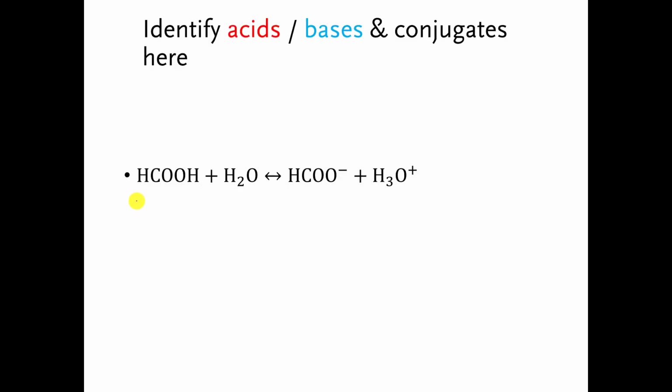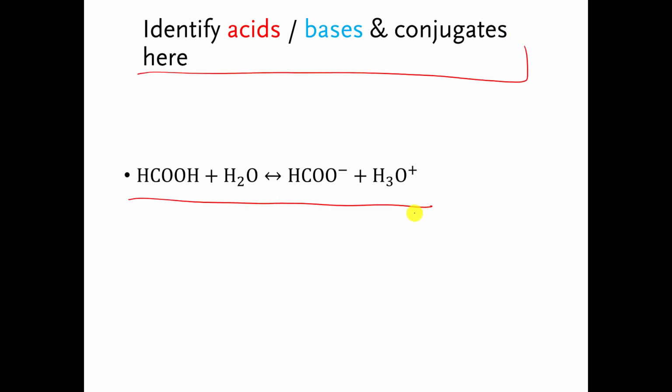So this is the last slide for this video. You can look at this reaction and pause the video and identify the acids and bases and their conjugates. So if you unpause the video, this must be the acid in this case because it starts with two H's, ends up with 1. So this must be its conjugate base over there.